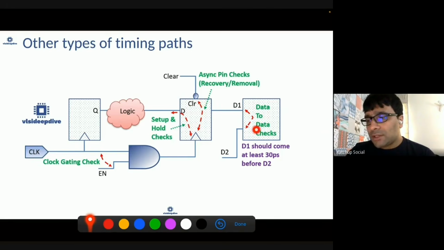For data to data checks and clock gating checks, the value is specified using constraints or a global constraint. Let's understand these checks in more detail as we go forward. But it's important to keep in mind that other than the basic setup and hold check, there are other specific checks, either provided by the user in the form of constraints or also done in STA.